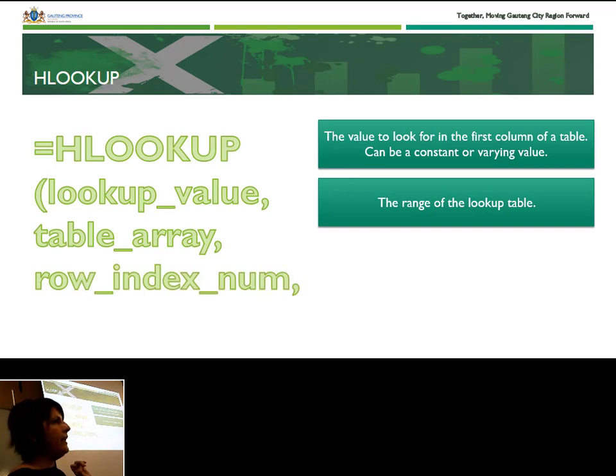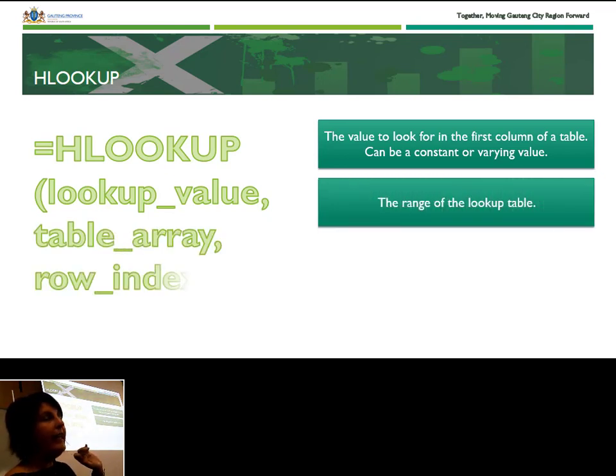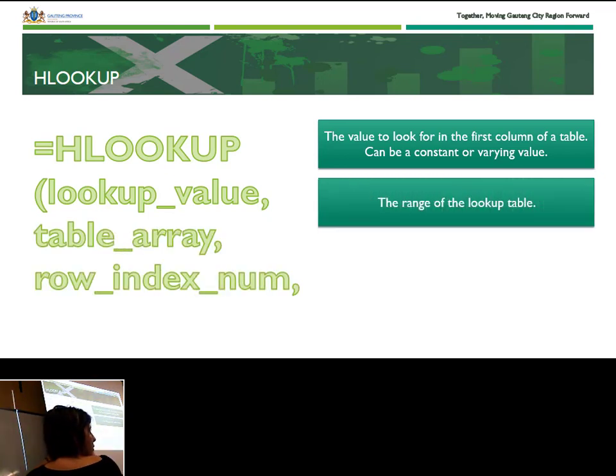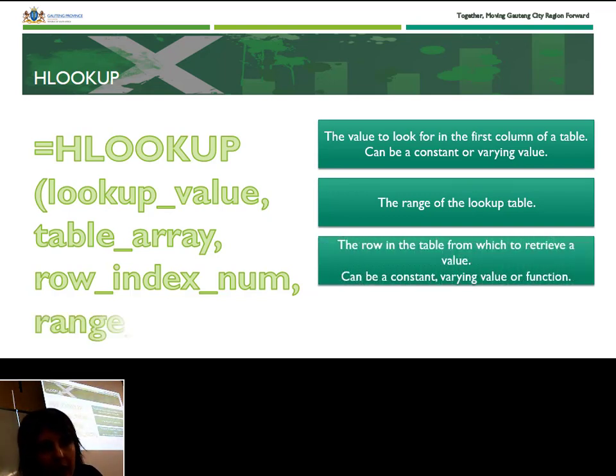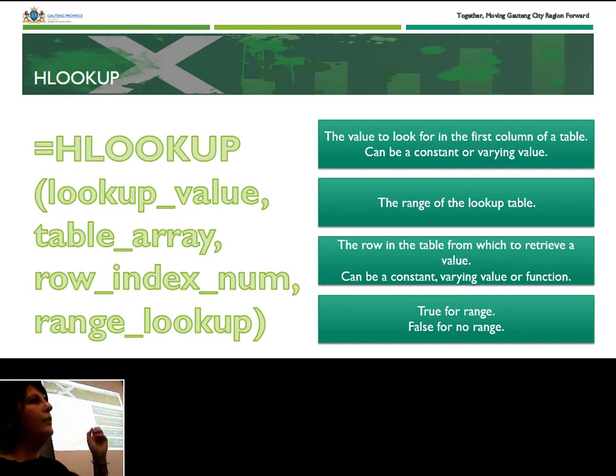Then the row index number can be a constant or a variable. Remember that it's the row index number now. So it's looking up column by column, but it's returning the row. Then the range lookup: if it's a range, TRUE. If it's not a range, FALSE.